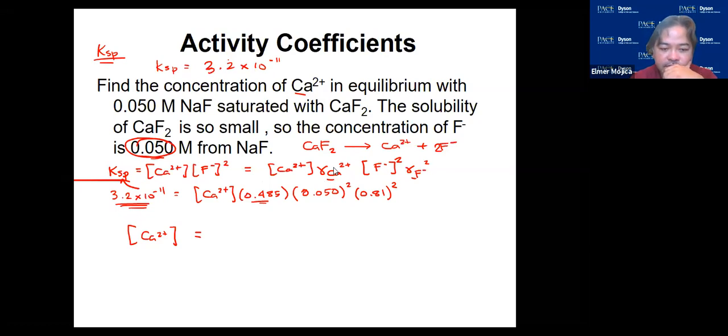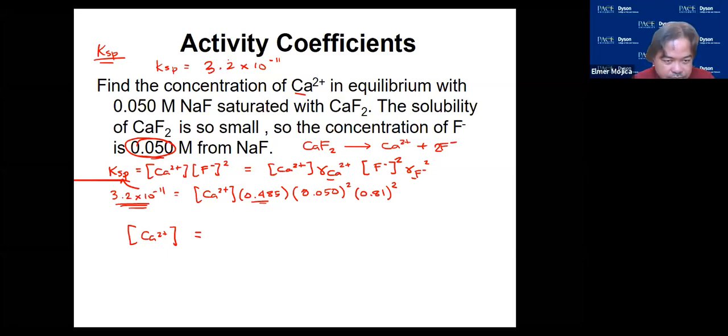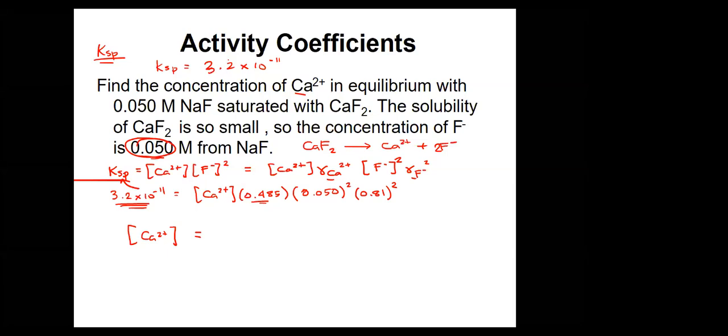Anyone? I get, with sig figs, 4.0 times 10 to the negative 8 molar. How much? 4.0 times 10 to the negative 8. How about the others?